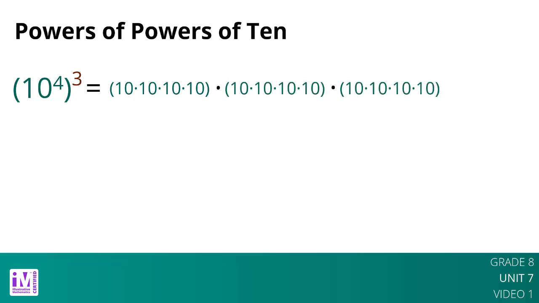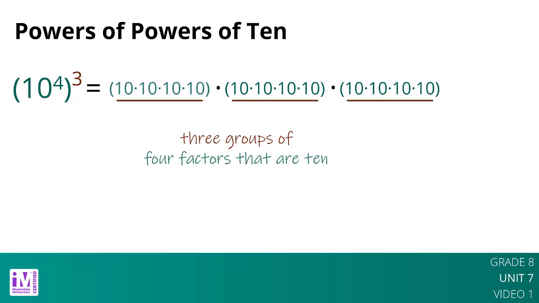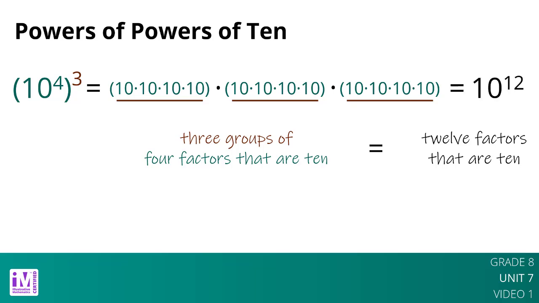In this example, there are 3 groups of 4 factors that are 10, which is equivalent to 12 factors that are 10, or 10 to the 12th power. In general, taking a power of 10 and raising it to another power is the same as multiplying the exponents.